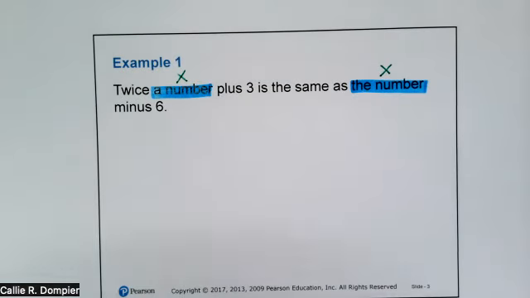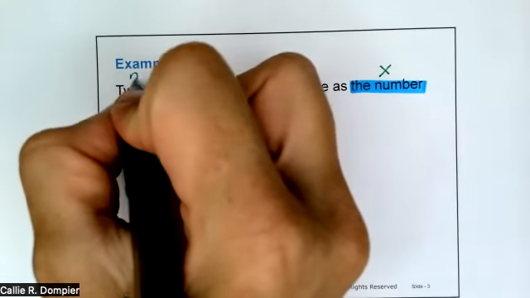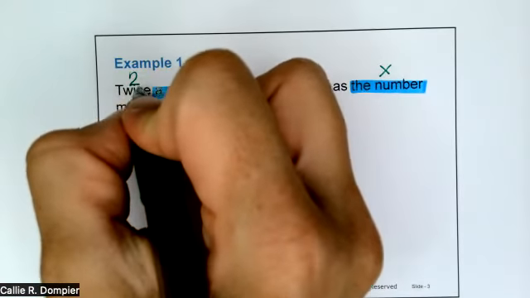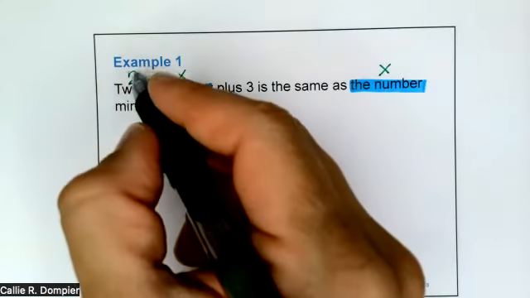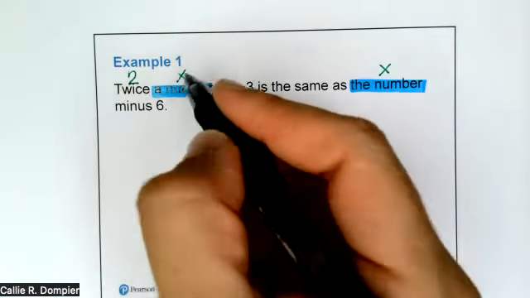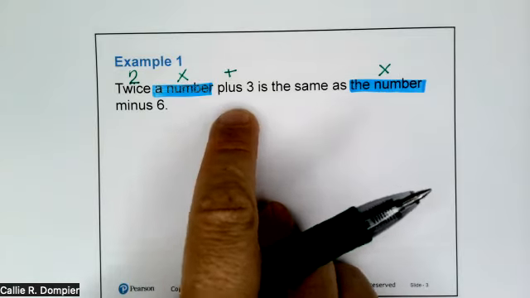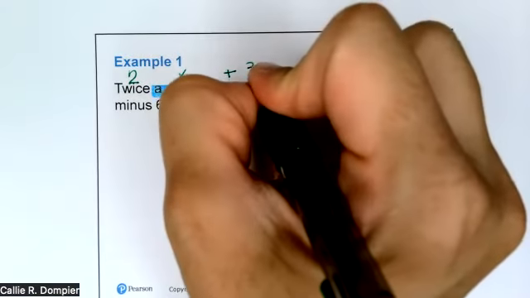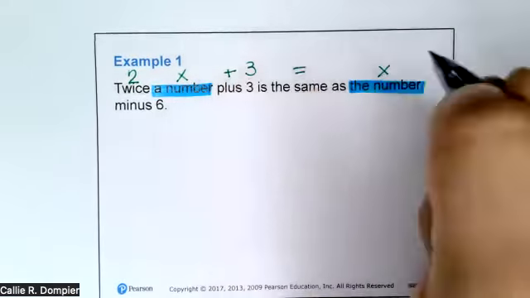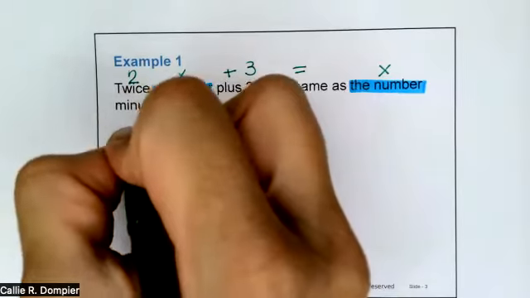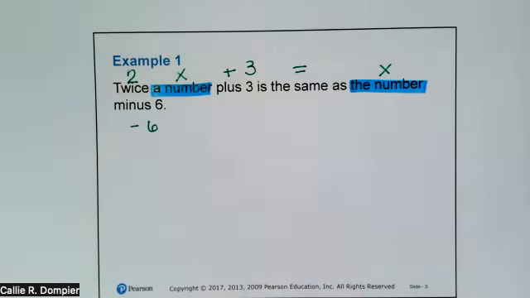Good. Twice, 2. So when I do these, if I'm doing them on paper, I go along and I write it. Twice a number right above the words or the phrase plus 3 is the same as the number minus 6.